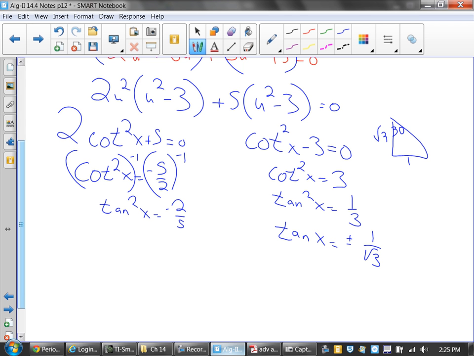So at pi over 6 being my reference angle, I'm looking for all possible values here because I'm doing positive and negative. I just have to find the reference angle in each of the 4 quadrants for pi over 6. Pi over 6, 5 pi over 6, 7 pi over 6, and 11 pi over 6. And those would be my 4 solutions.